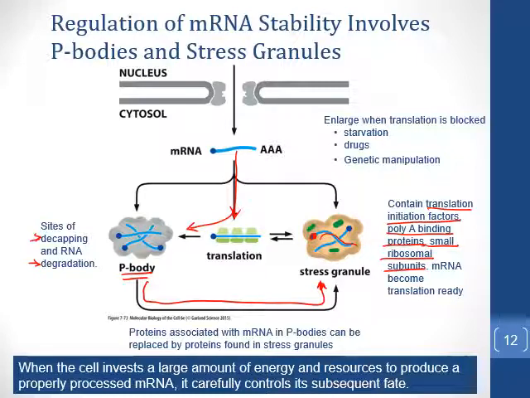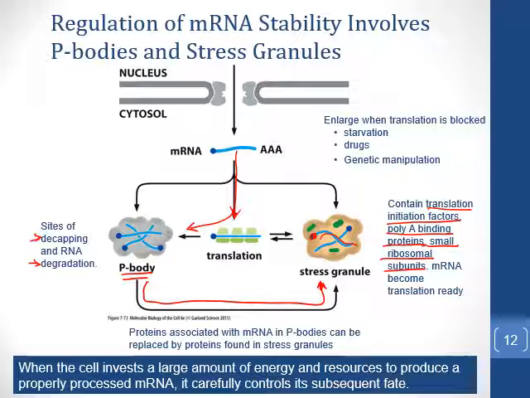This is why you can describe this as a competition. The mRNA could be translated, or there's a competition between movement to the P body or movement to the stress granule. And even when it's in the P body, there's a possibility that it will go to the stress granule. So the overall stability of an mRNA is determined by whether it's in one of these P bodies or in one of these stress granules.